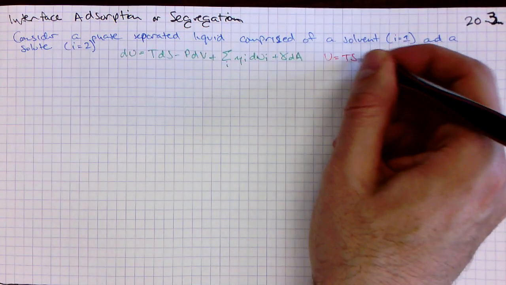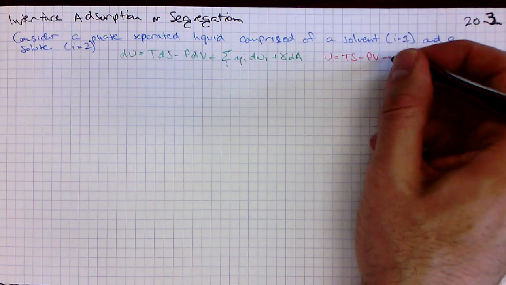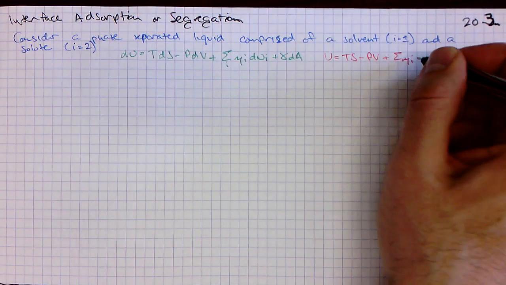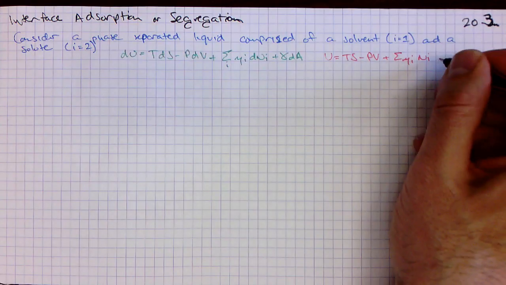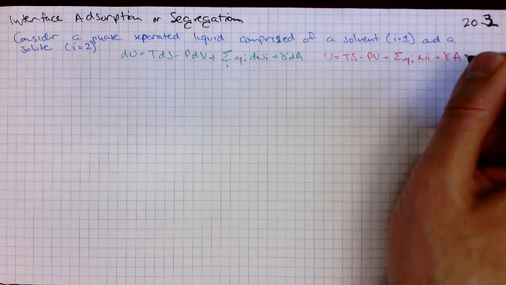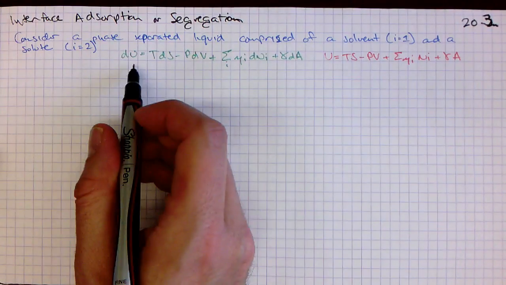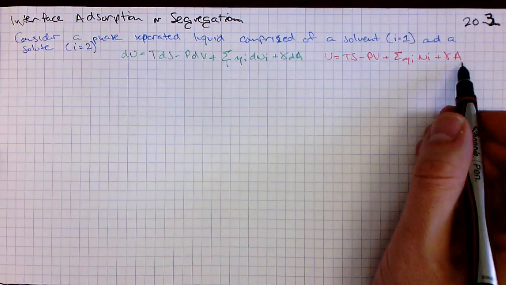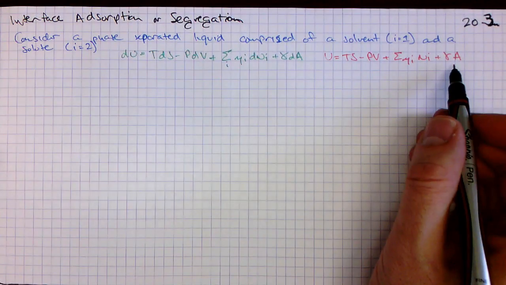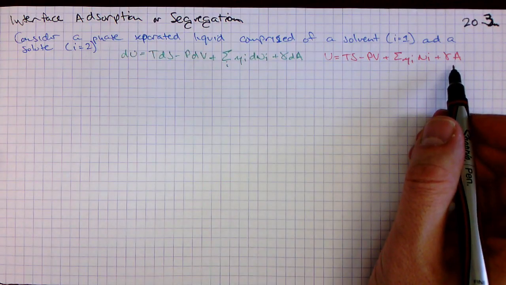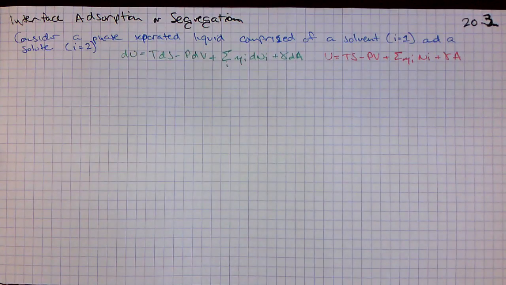U is equal to TS minus PV plus sum over mu_i N_i plus gamma A. And we know whenever we have two equations like this, one that's a differential and one that's a relationship between the undifferentiated quantities, that we have a Gibbs-Duhem relationship that relates those.